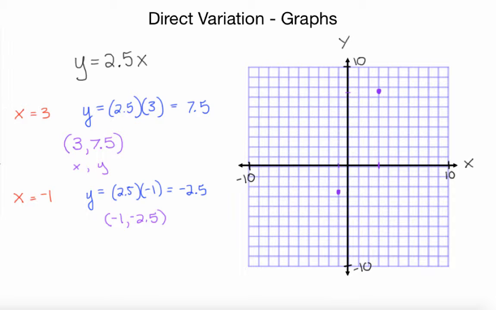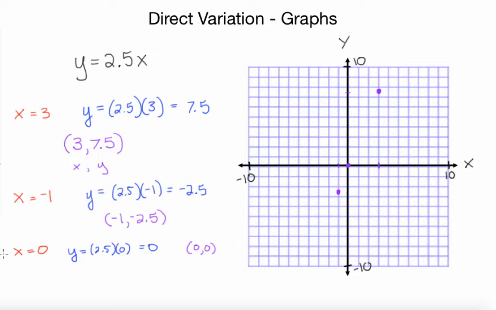All right, I'm going to do a few other points really quickly just so you get an idea of what's going to happen. Let's do x is 0. If x is 0, then y equals 2.5 times 0, which equals 0. And so we have the point 0, 0. Let's plot that point. It's going to be right in the middle there.